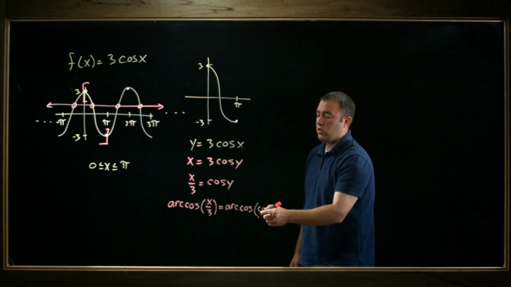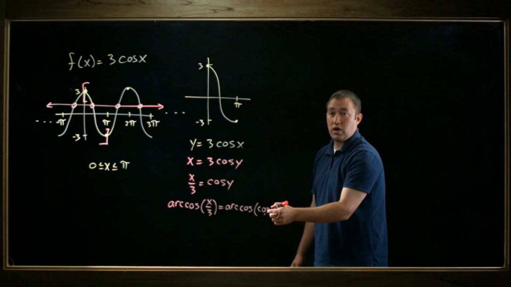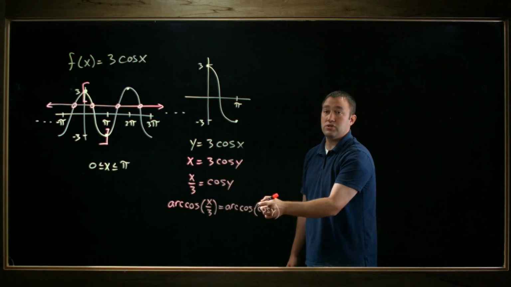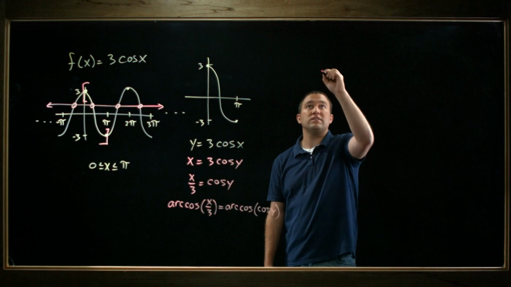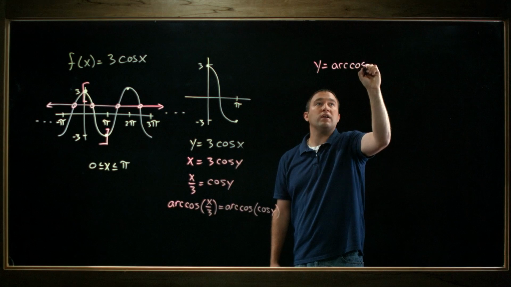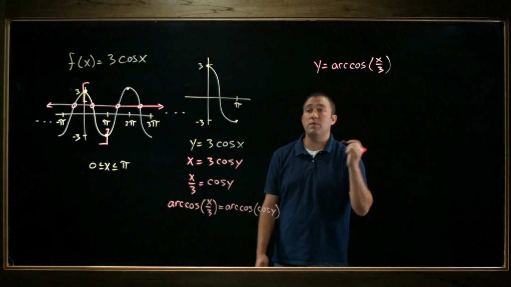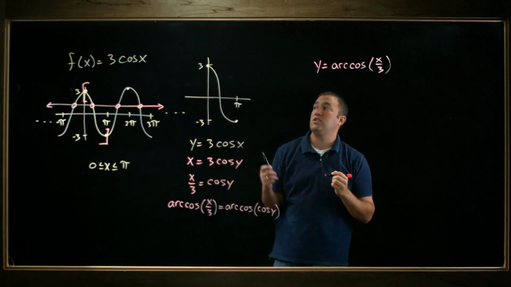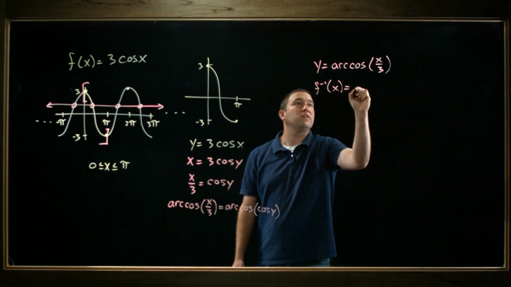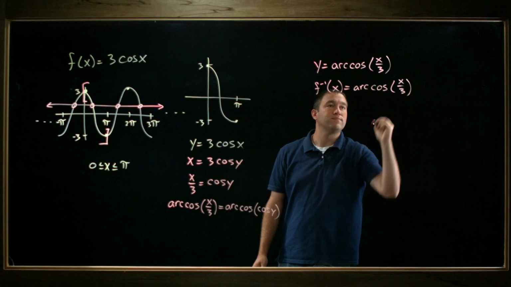Now, when I have arc cosine of y, that's two functions that are inverses of each other, cosine and arc cosine, and they're undoing each other. So this right side of the equation is just going to be y. So finally what I've got is y equals arc cosine of x over 3. And that's going to be my inverse function. If f of x equals 3 cosine of x, f inverse of x equals arc cosine of x over 3.